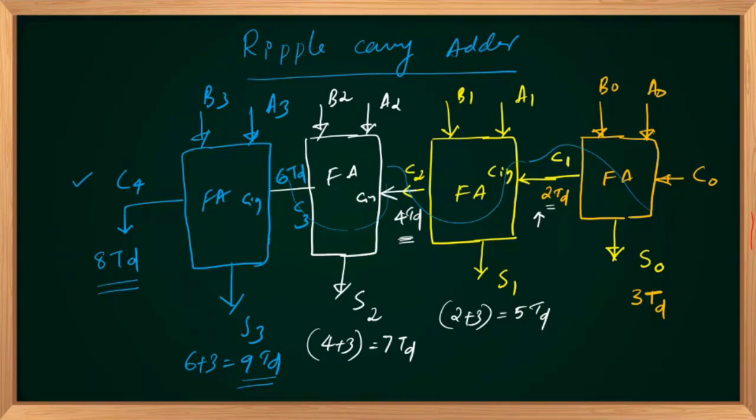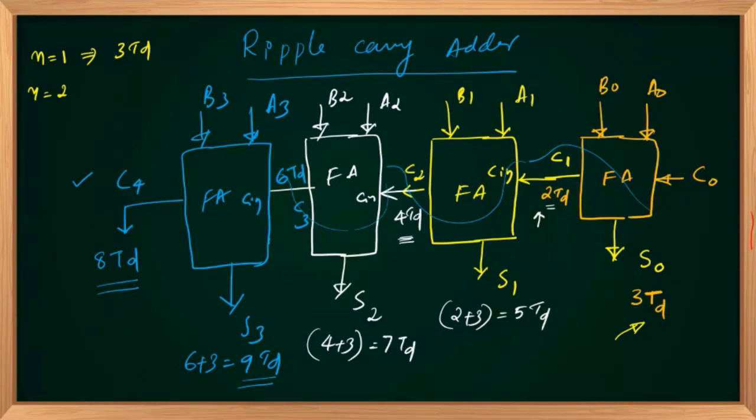Right. Okay. Then look at the sum output. If we are having only one stage, let us say n equal to 1, the sum will be available after 3 gate delays, 3 GD. If you're going for a second stage, n equal to 2, we are trying to add 2 digits, A0, A1 and B0, B1.